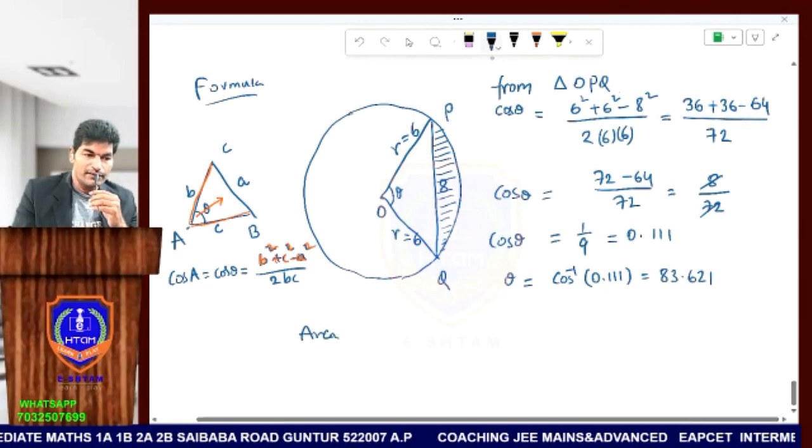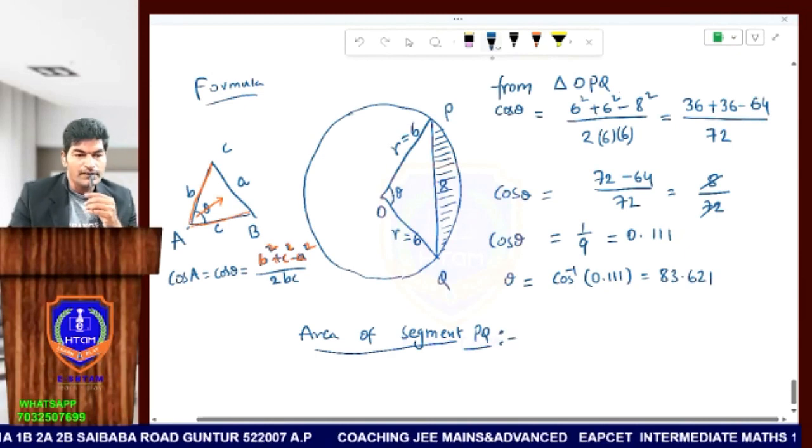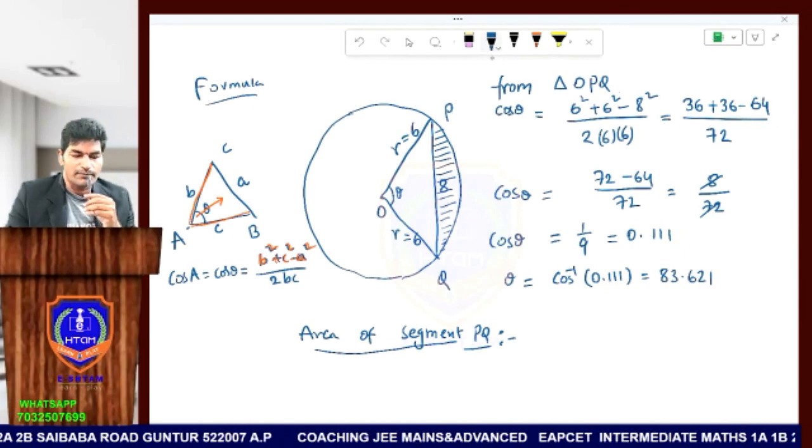Make a title: area of segment PQ. So what is the formula for the area of a segment, minor or major, whatever it is?